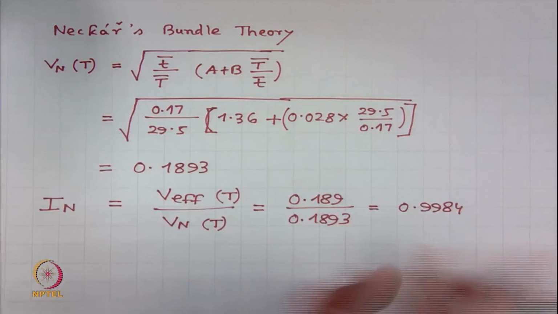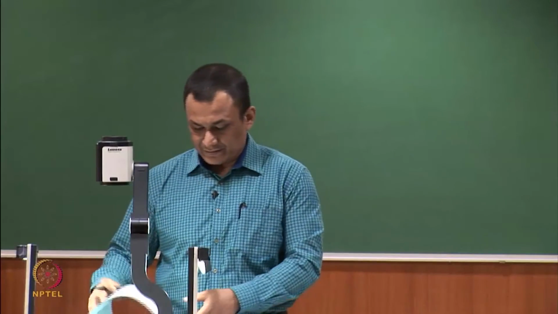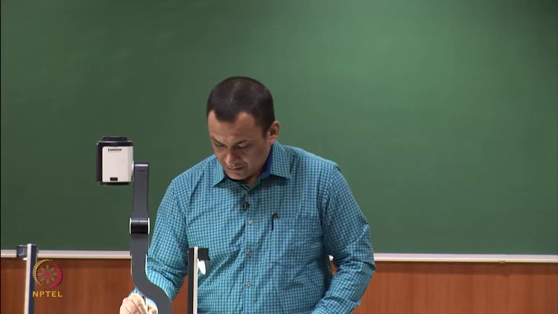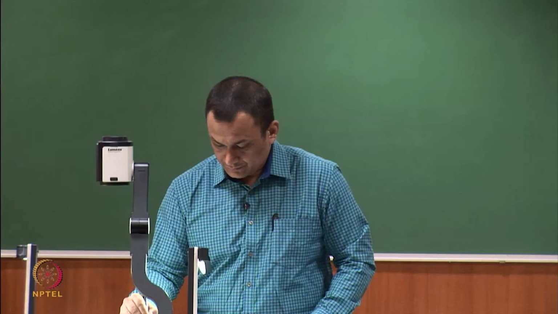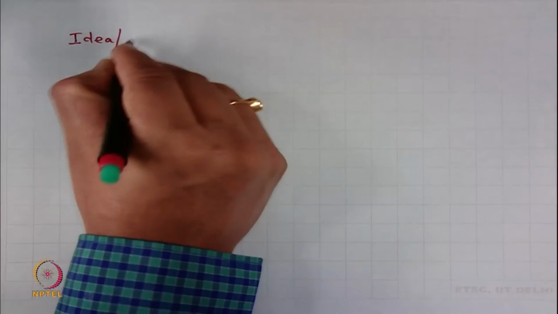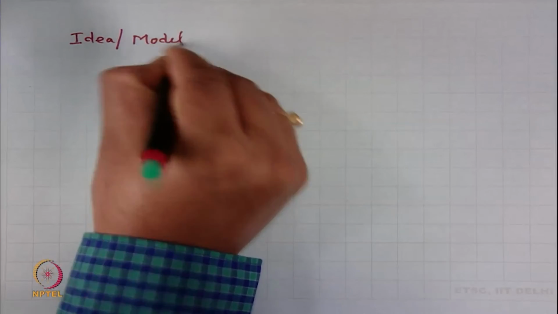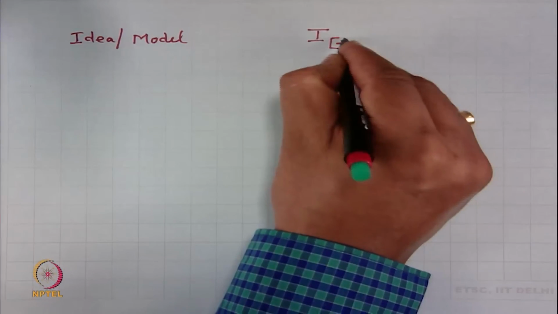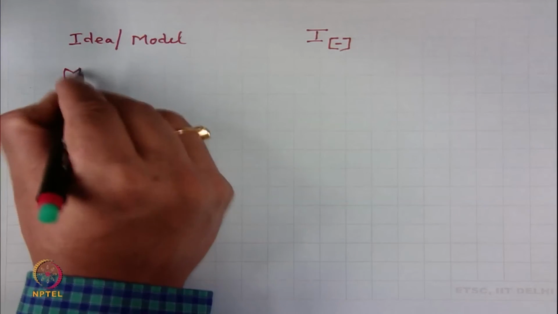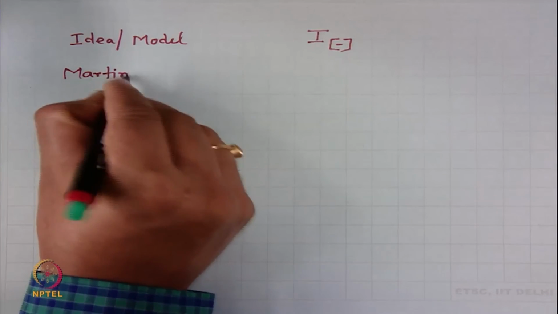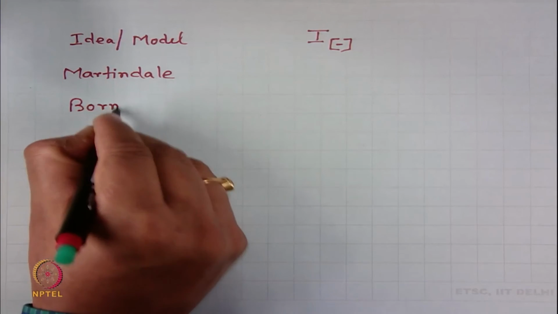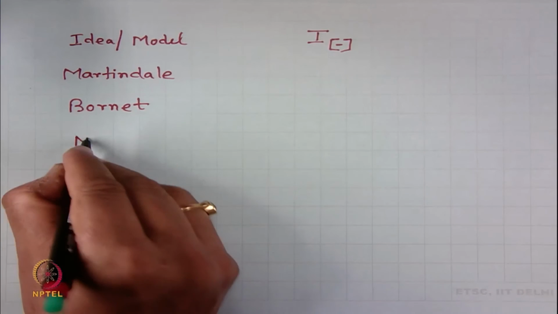Right. So, if we compare this idea or model and index of irregularity I, dimensionless, Martindale, Bornet's idea and Nesker's model.